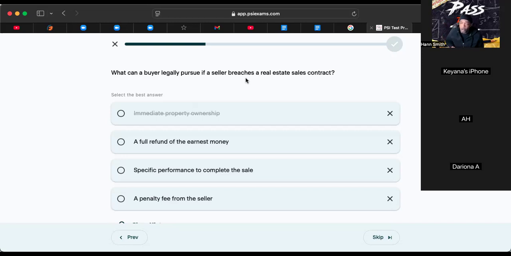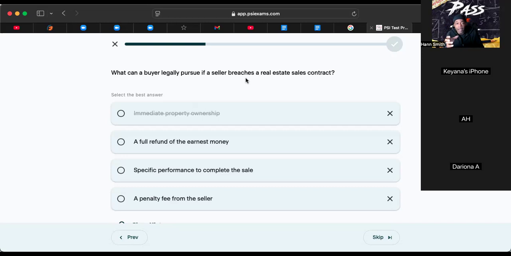I'm going to have to take you to court to make the court compel you to complete the sale. It's easier for me, as the buyer, to take you to court to make the court compel you to sell the property than it is for you to take me to court and make the court make me buy the property. Because it's only one house of yours, but there's a bunch of buyers out there that could buy your house.